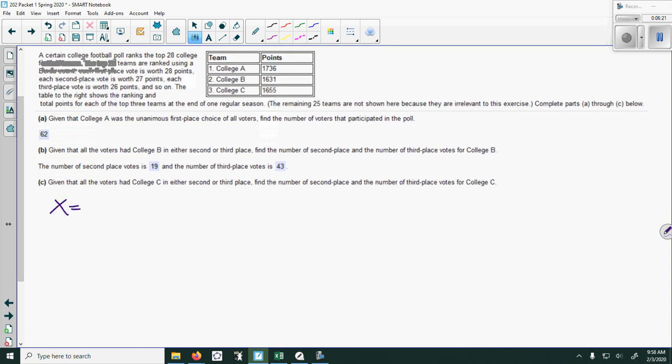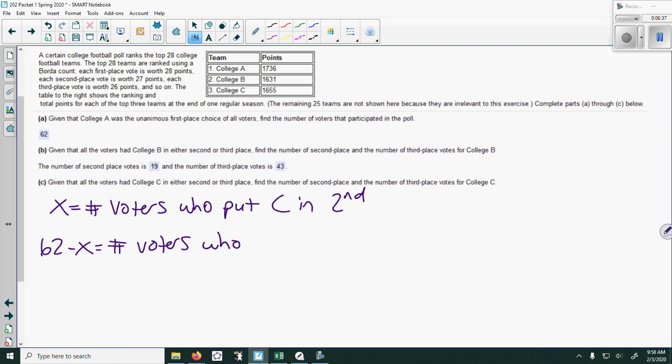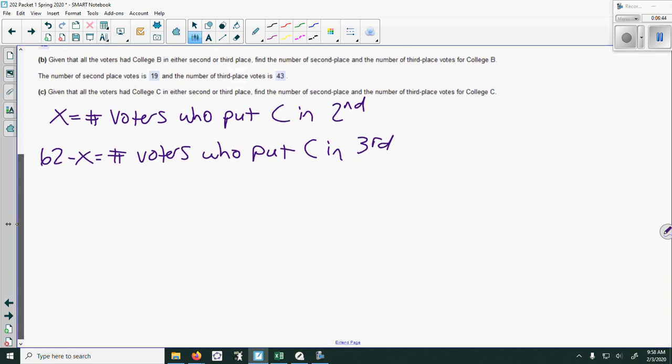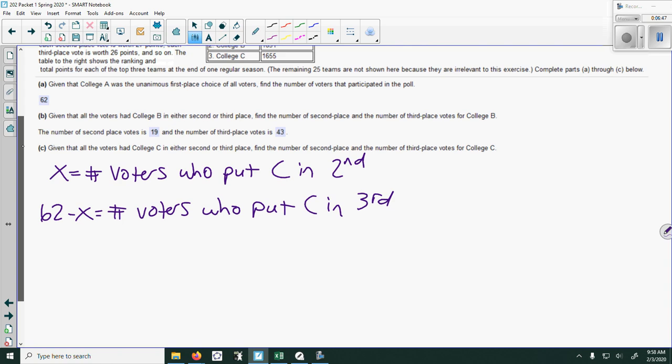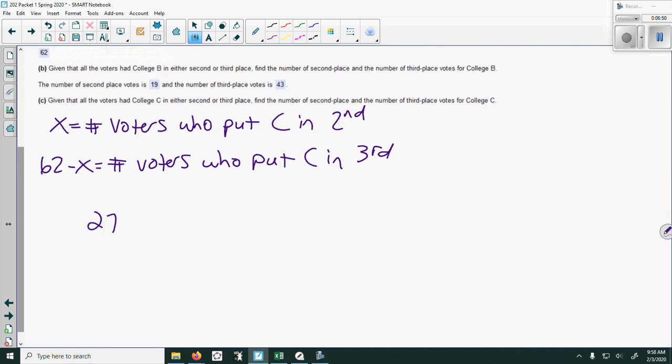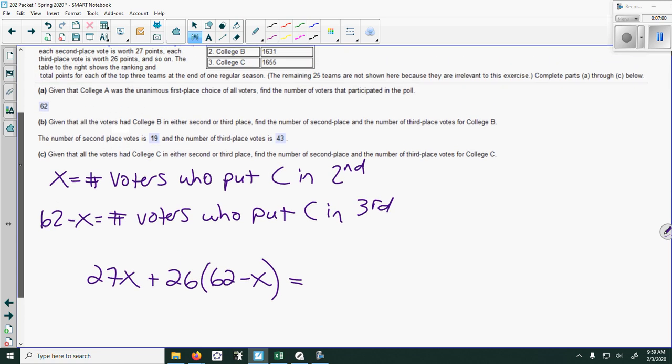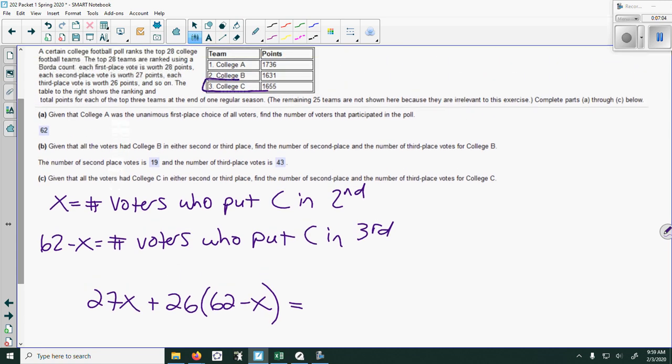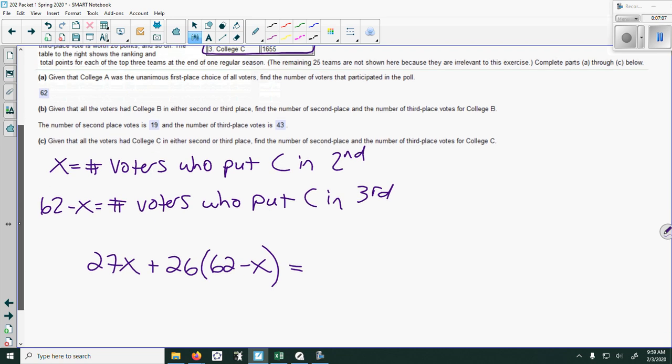So let X be the number of voters who put C in second, and 62 minus X be the number of voters who put C in third, and we'll set up an equation like we did in part B. A second place vote is 27 points, so 27X plus 26 times 62 minus X. That side of the equation looks the same as part B. What makes this different is that it adds up to the points that College C got, which is 1,655.